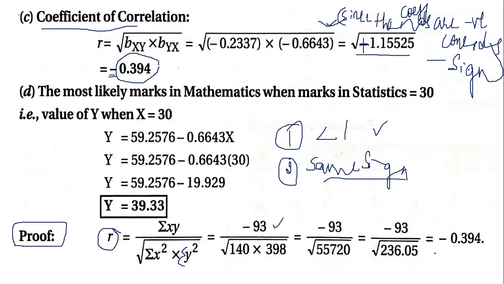When you simplify, you get the same answer, minus 0.394. It's just for proof. There's no compulsion of doing this. For you to be sure that the answer is correct, you can solve it. If you don't want to, you can leave it. Clear?